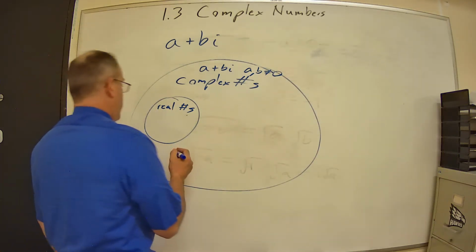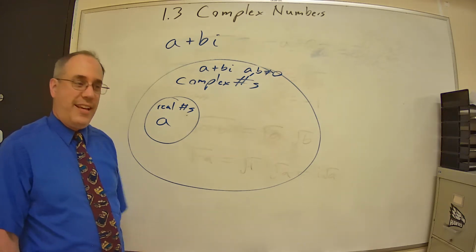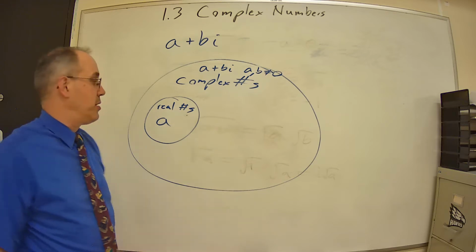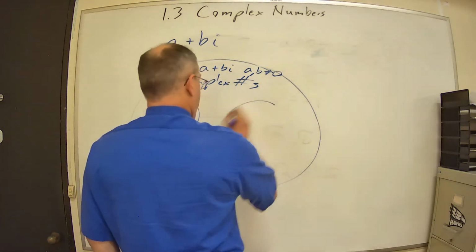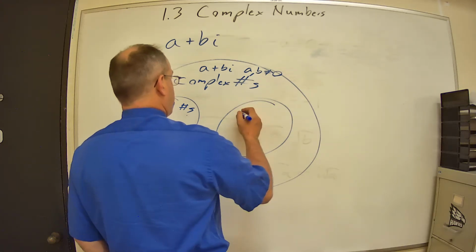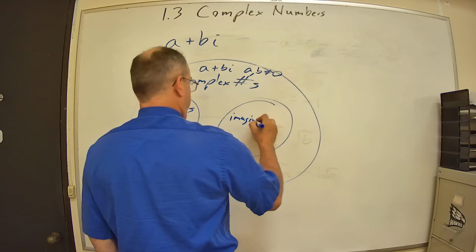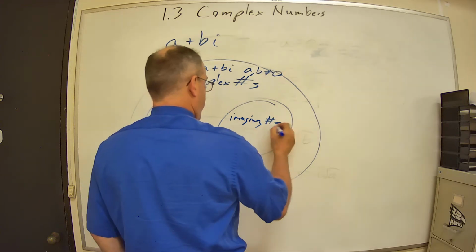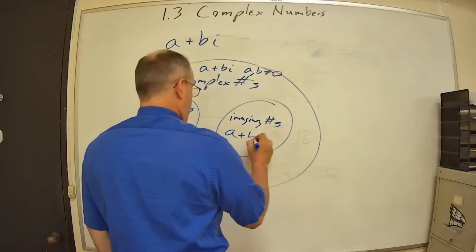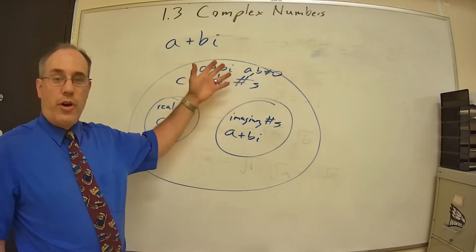Real numbers are in form a, right? Real numbers do not have the imaginary part. And then we have imaginary numbers, which can be written in the form a plus bi. Right, so complex numbers is this overarching thing.